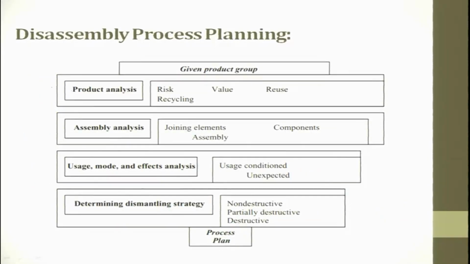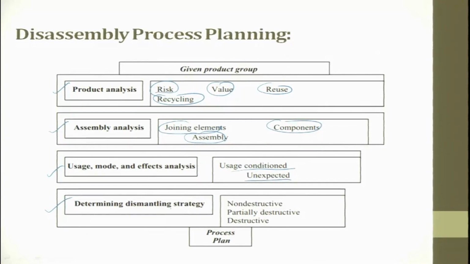The disassembly process plan has product analysis, assembly analysis, usage, mode and effect analysis, and determining dismantling strategy. Here, given the group of products: risk, value, reuse, recycle. Assembly: joining elements, assembly and components. When you talk about usage, mode and effect analysis, wear and tear is the unexpected usage condition.